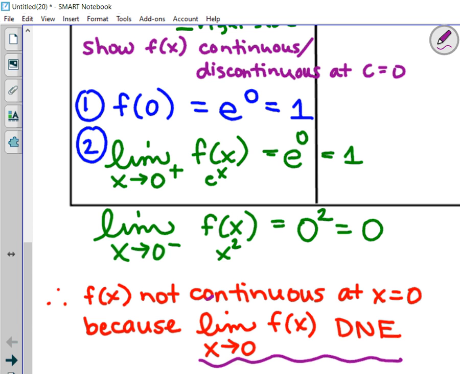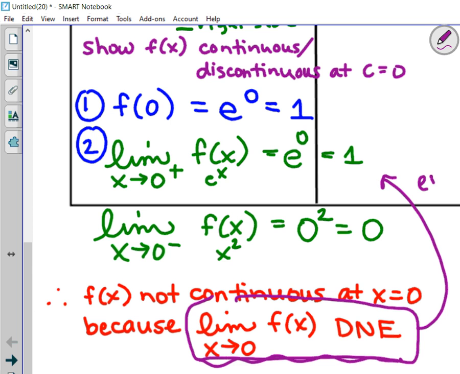However, you can't make a claim like this without the evidence. You can't write down and say, I know there's no limit because I know the function's not continuous at 0 because I know the limit at 0 doesn't exist.